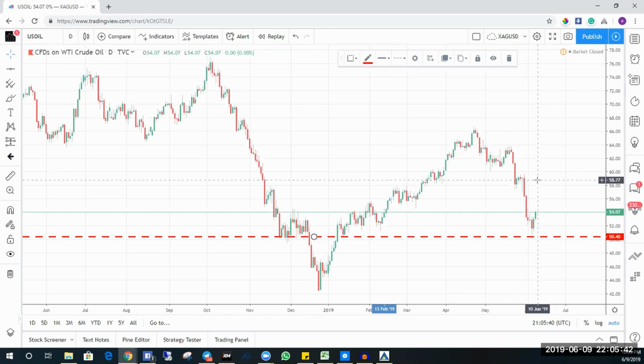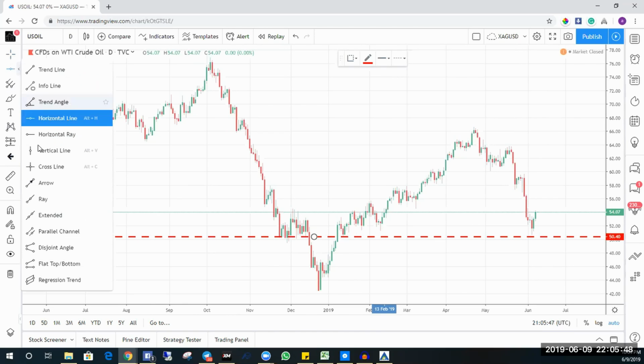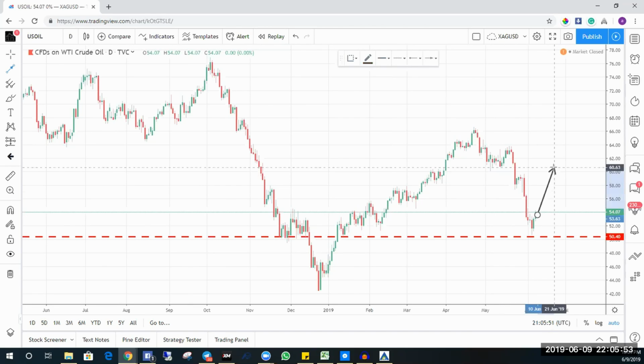But we've not seen the pullback, so even to go long, we could just be trading into the pullback. So be mindful of that when going long on crude oil for the week.